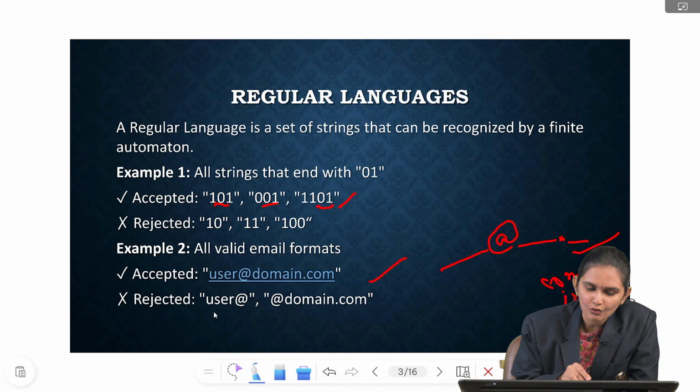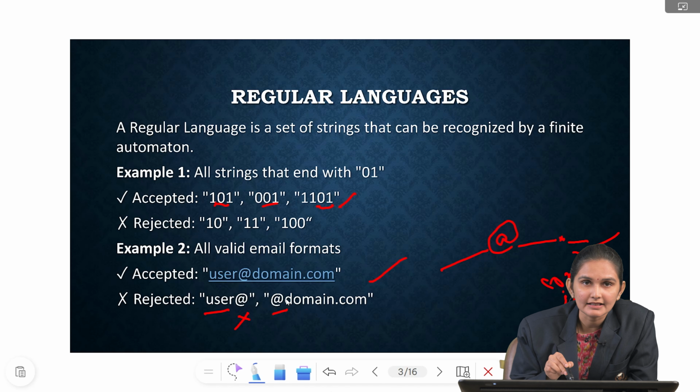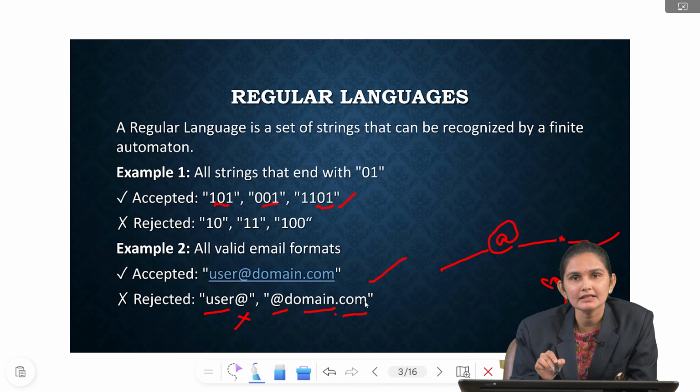If the string has only user @, it rejects. If the string has @, domain name, dot and com but nothing before the @, it will also reject the string.